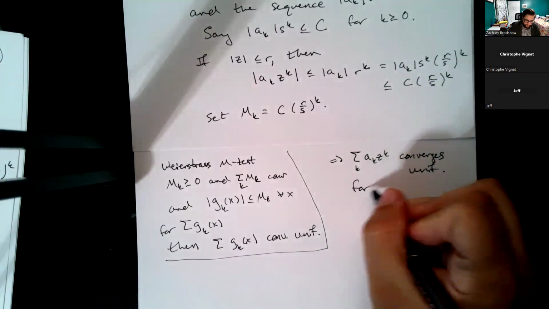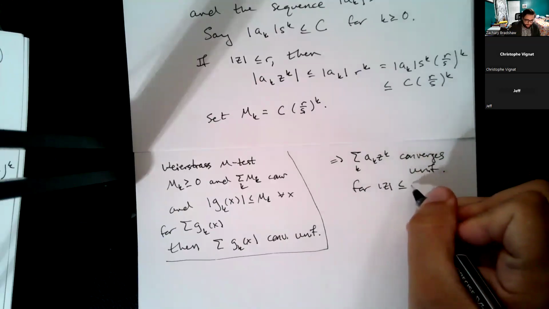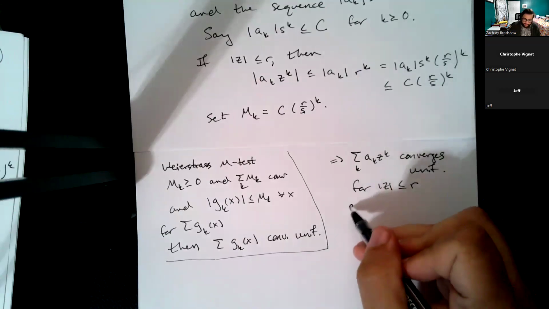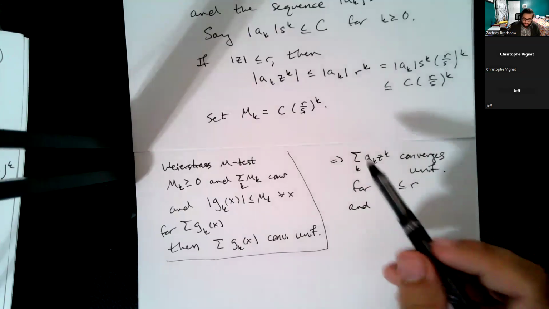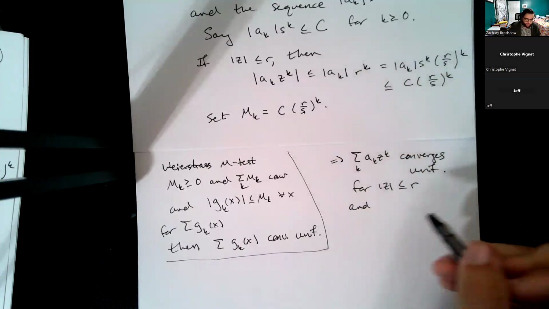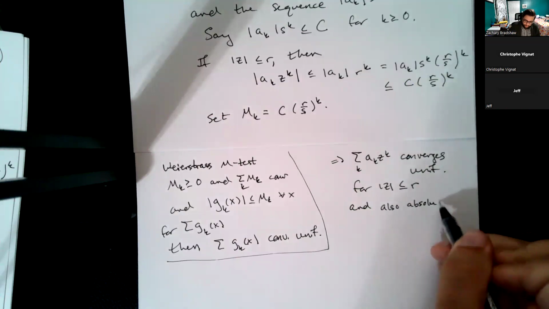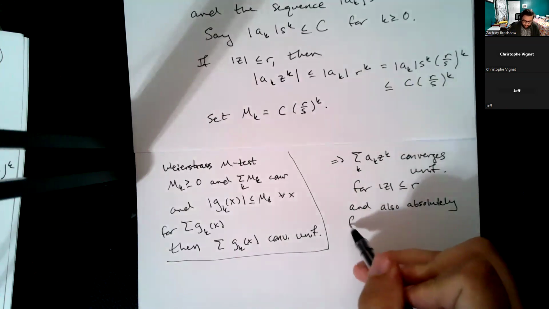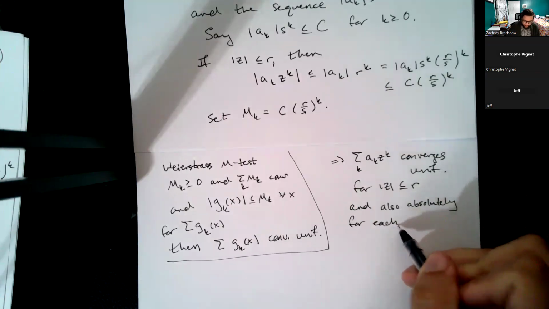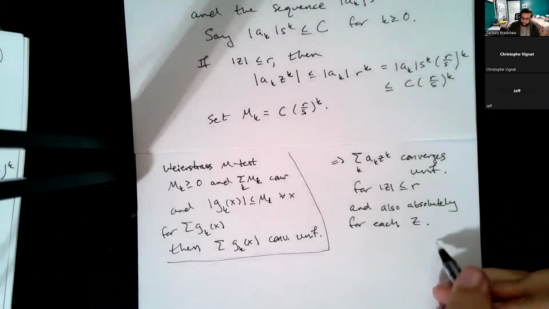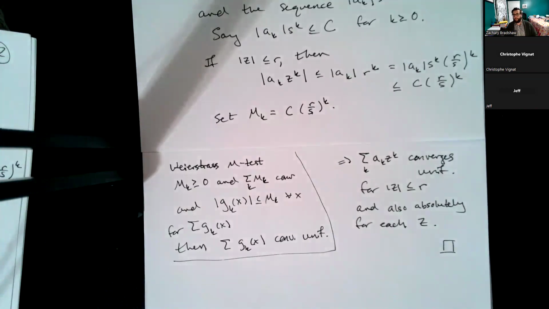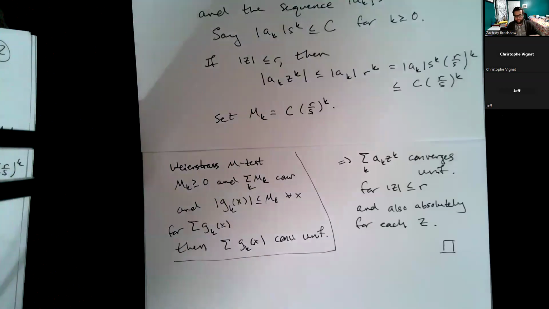This is for modulus of z less than or equal to little r. And since we're dealing with the absolute values here, we also get absolute convergence. And so that completes the proof. Okay.